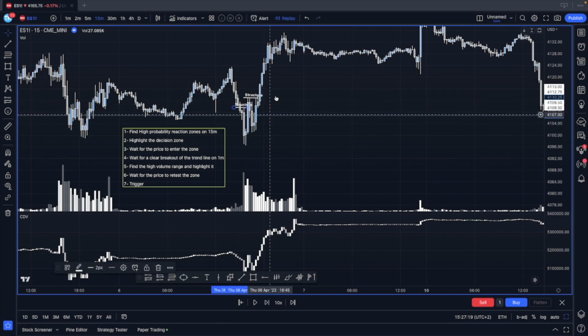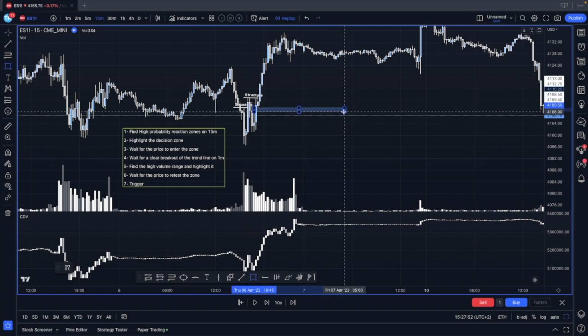Second thing, I obviously want to see a strong movement. So this is not good. Even if there is a break of structure, this is not good because there is no impulse, there are basically no volumes. Third, I want to see an imbalance like here.